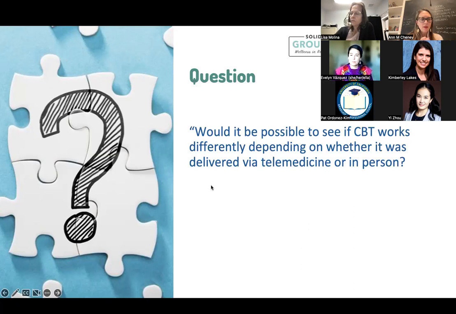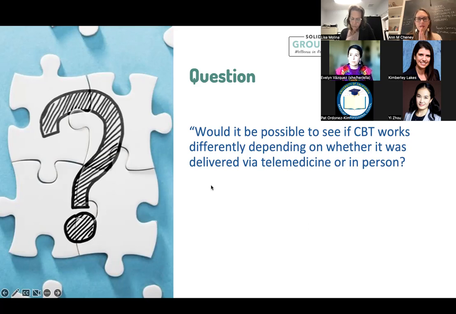So is it correct, those who are on the call who are clinicians, that Seeking Safety, I know it's specifically focused on PTSD and trauma, but it uses principles of cognitive behavioral therapy. Anyone confirm that for me? Off the top of my head, I'm pretty sure that's correct. So let's just say that our intervention is Seeking Safety.